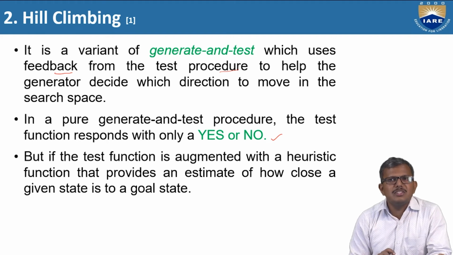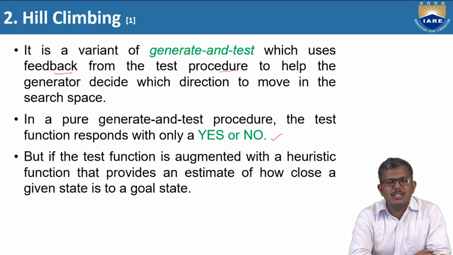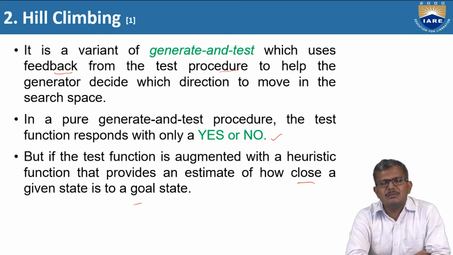But if the test function is augmented with the heuristic function, then it is going to provide an estimation which allows us to identify how close our given state is to the goal state. We can say that generate and test is some kind of blind process.